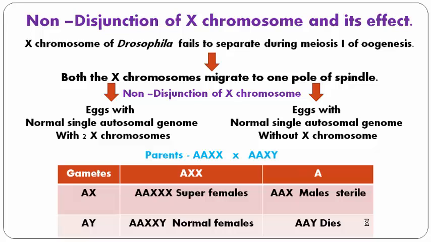From the data, Bridges concluded that the Y chromosome in Drosophila lacks the male determining factors but apparently contains genetic information essential to male fertility, because the X0 males were sterile.